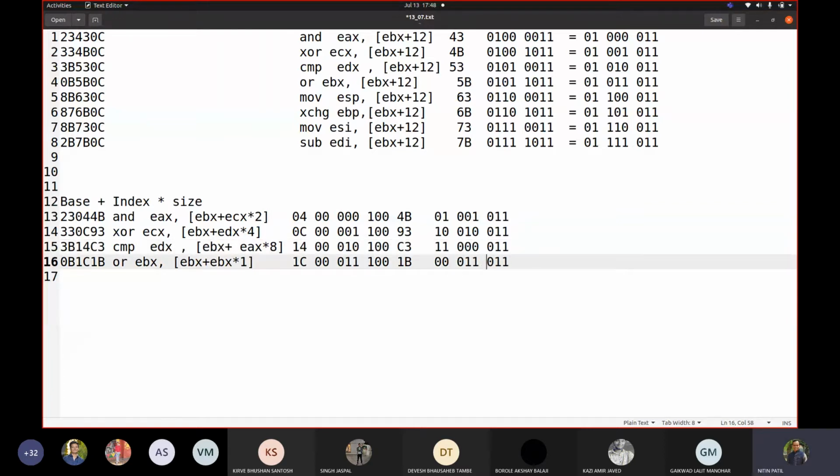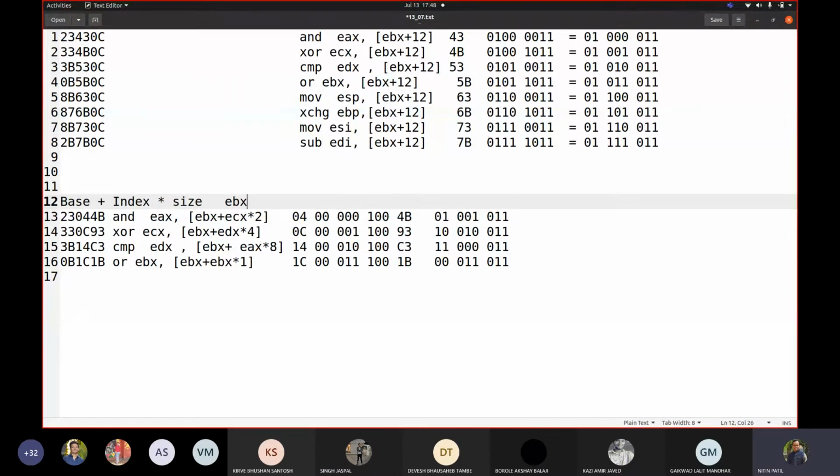If you really see here, what are the values for EBX? What is the representation of EBX? 011. Which part is common there? Can you see where it is common?